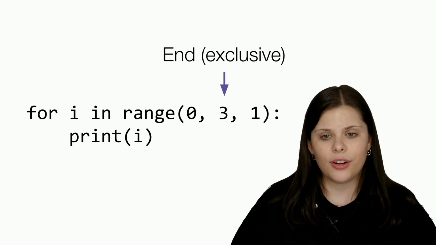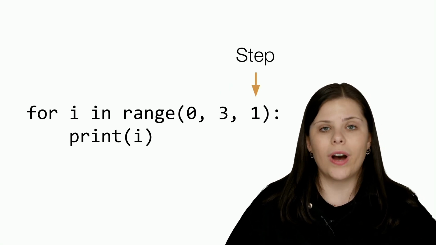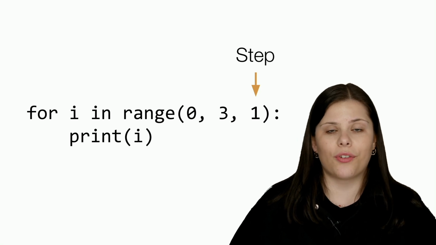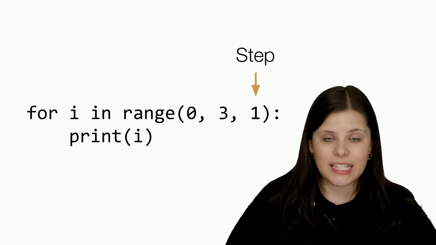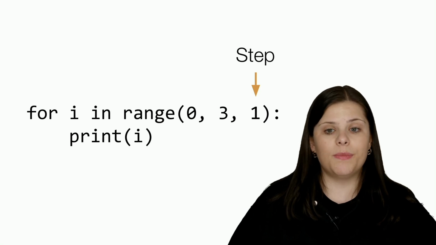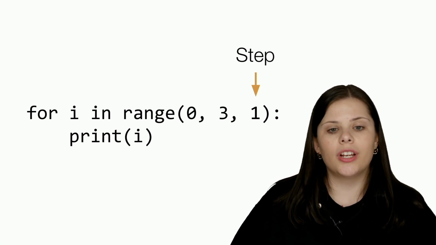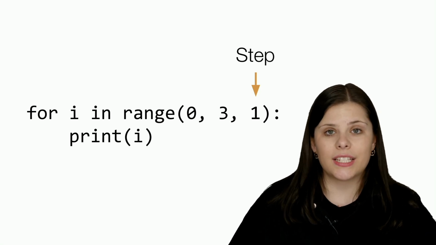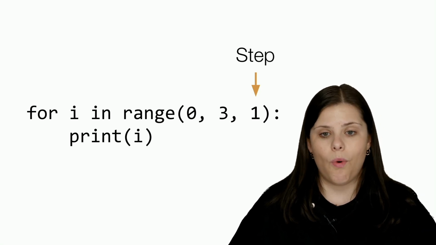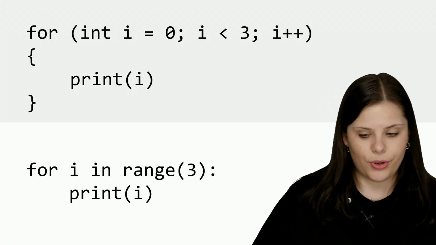And the last argument is step. So take one step between each iteration, or literally just i++. That's the exact way that we did before, just again, different syntax. So literally range(0, 3, 1) will give us that list of 0, 1, 2 that I can then loop through.